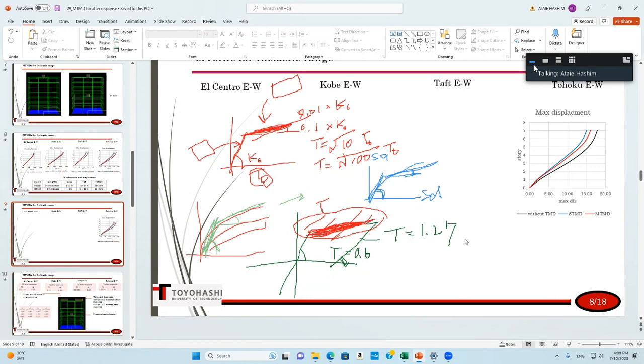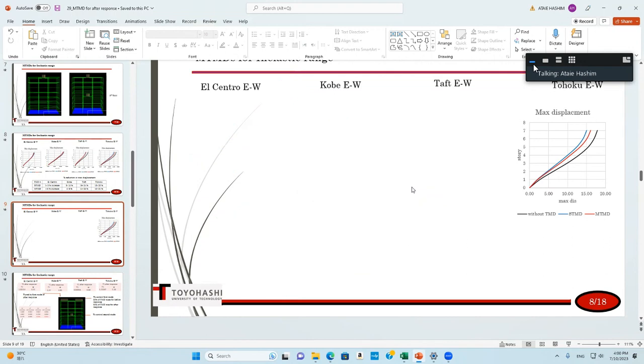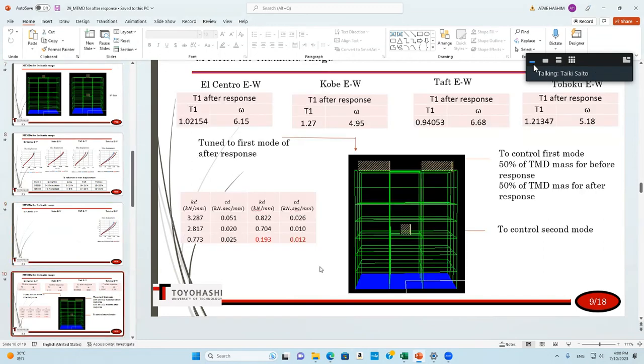Simply, when the period increases or decreases, it means that if the period increases, then the stiffness and damping of the TMD also change, and it is not trustable, because with that small a value of stiffness and damping, it is not trustable that the unit works while moving so much.